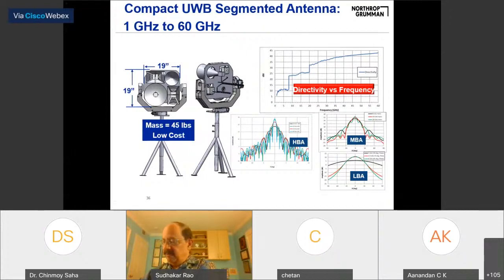So what we have done is we have segmented into 3 different frequency bands. Low band going from 1 gigahertz to 8 gigahertz, and then medium band 8 to 20, and then high band 20 to 60 gigahertz. So you can see the directivity versus frequency. We can get as high as 43 dBi at high frequency, and at low frequency the requirement is 5 dBi.